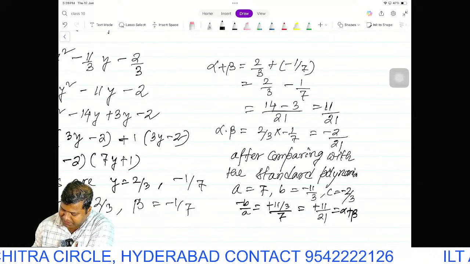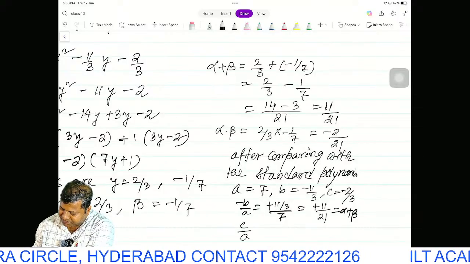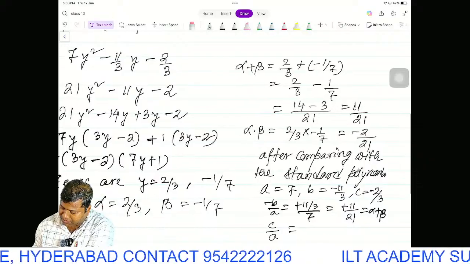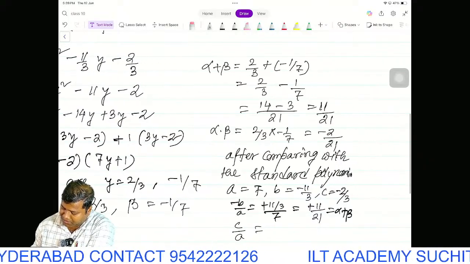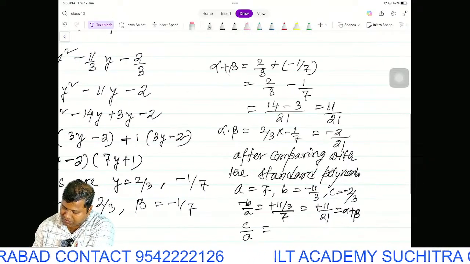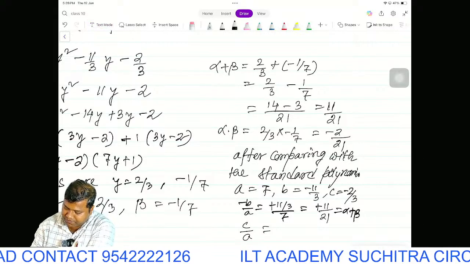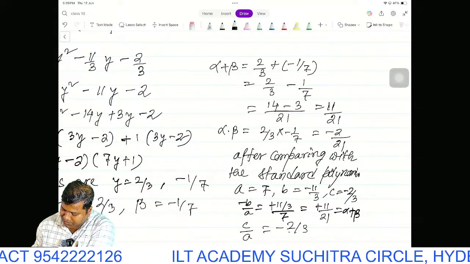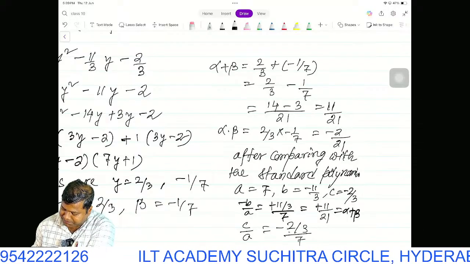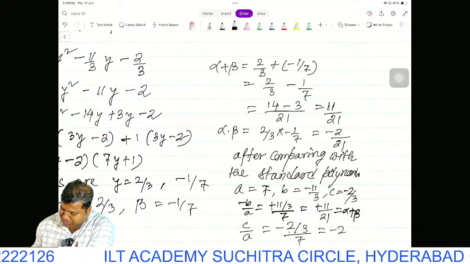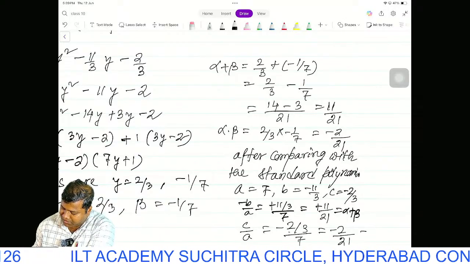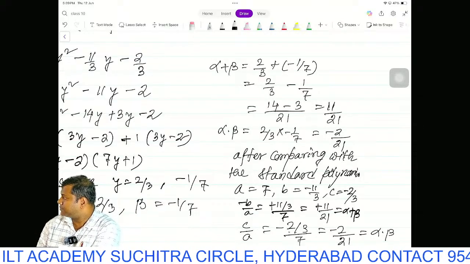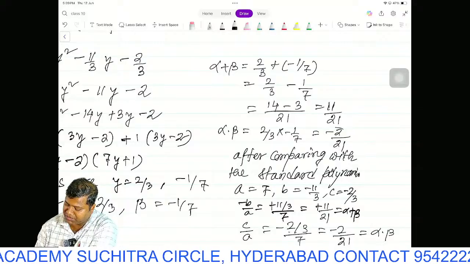And similarly c by a we got as minus 2 by 3 divided by 7, which is nothing but minus 2 by 21, and that is nothing but alpha dot beta, because alpha dot beta we got here as minus 2 by 21.